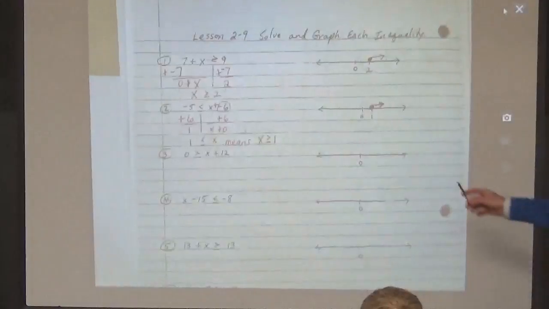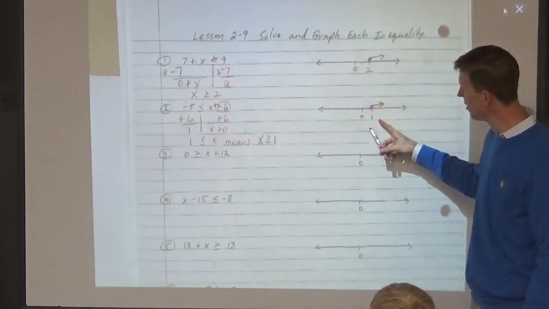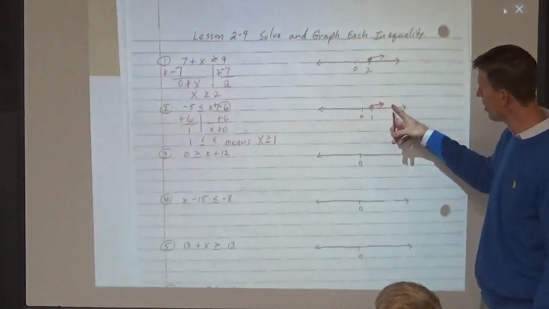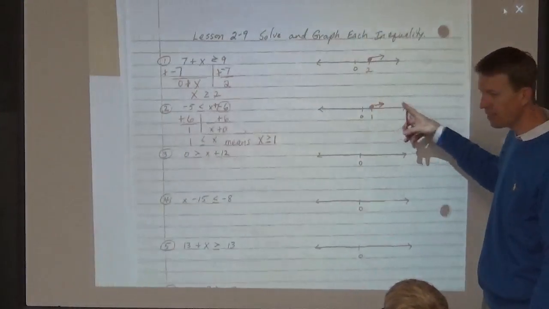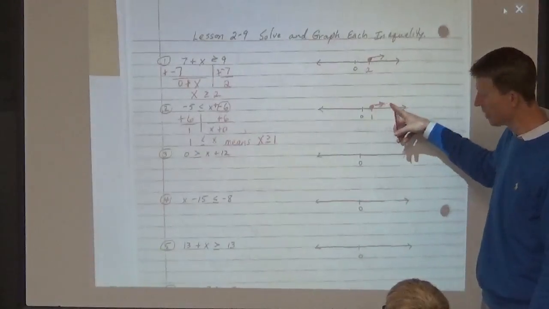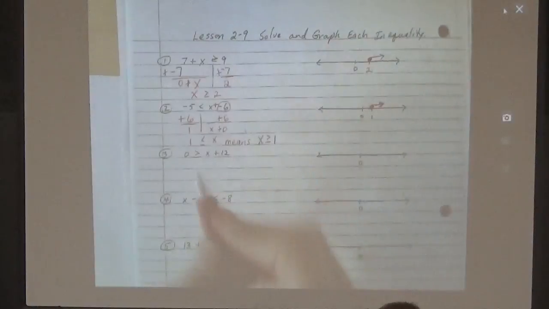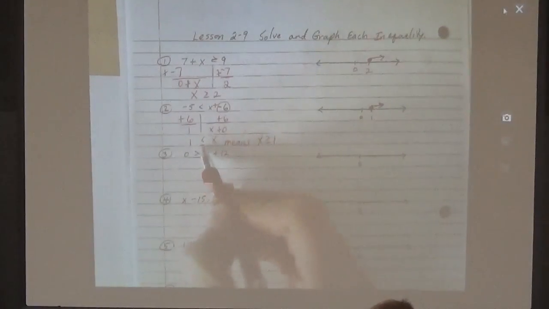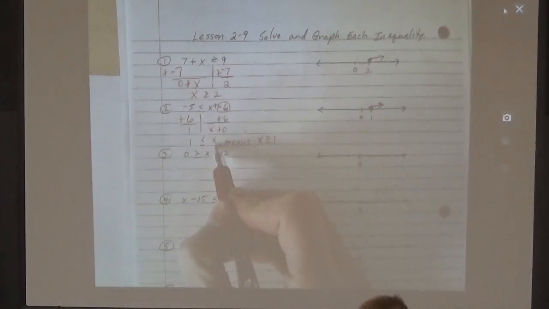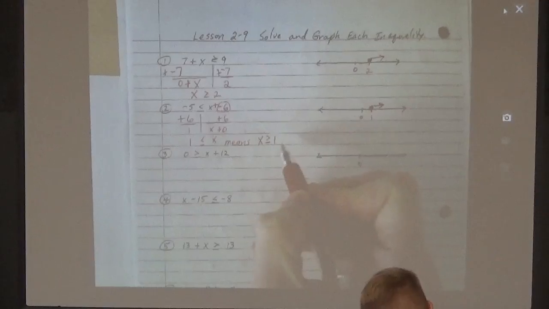No, that means you still mark the number on the number line, but you shade the direction that x is. X is in this area. To the right. That's why I drew that arrow to the right. Okay? Because 1 is less than or equal to x, which means that x is greater than or equal to 1.